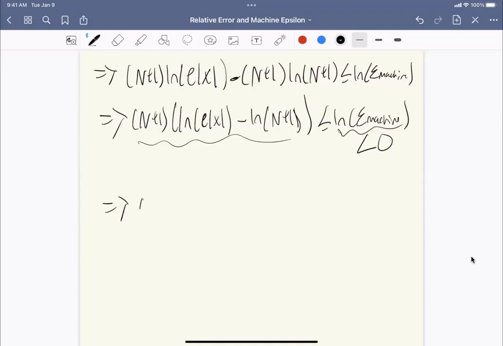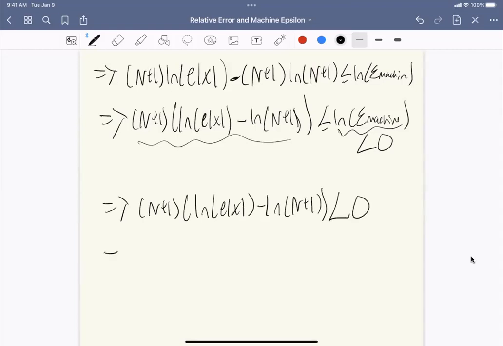So we can conclude here that the left side of this inequality must be less than 0. And this is nice because we can just simply get rid of that n plus 1, and we're left with natural log e times the absolute value of x minus the natural log of n plus 1 is less than 0.